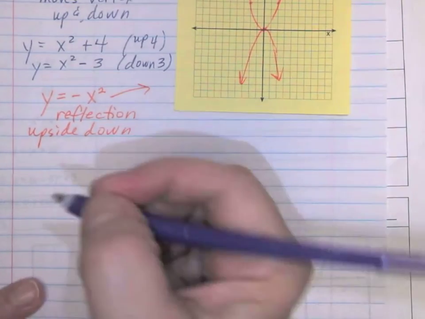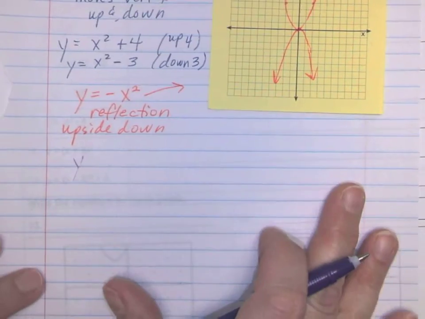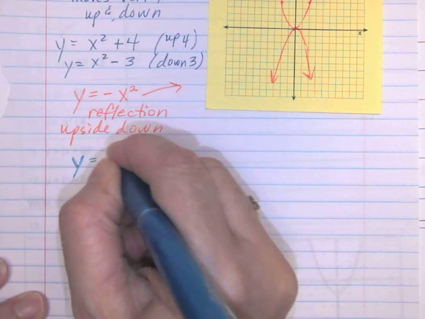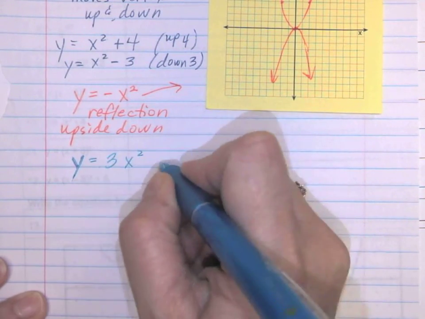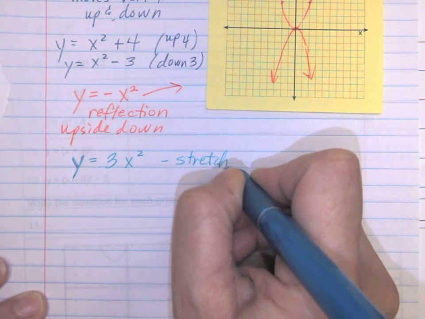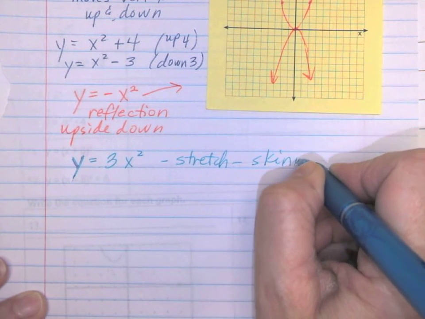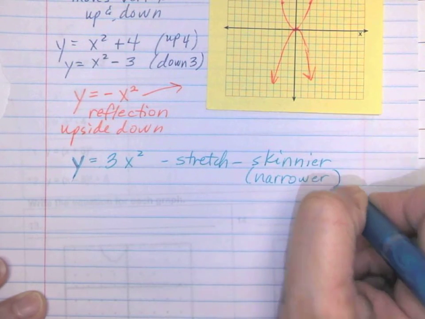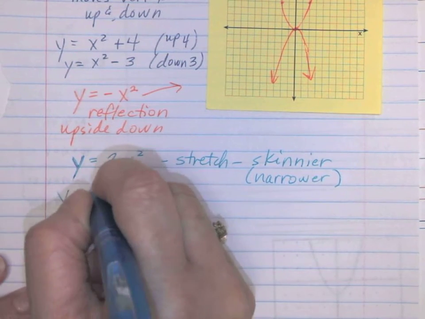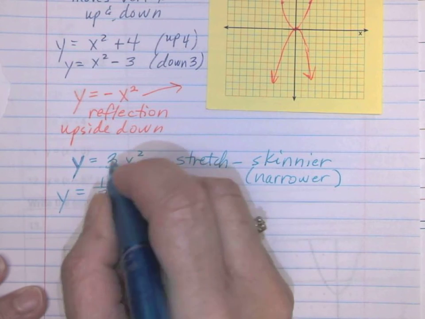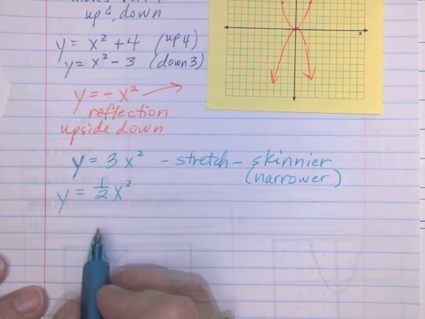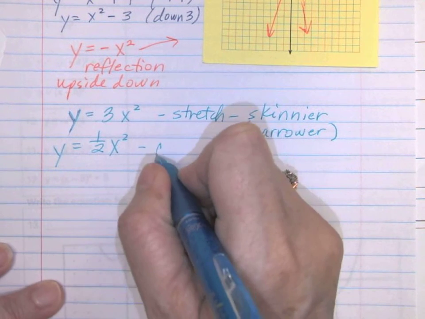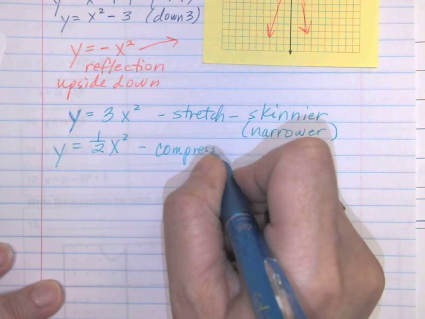Let's see, what else did we do? We did changes in the width. When you put a bigger number in front of this, that's called a stretch. It makes it skinnier or narrower, whatever word you want to use. And when you do a fraction between 0 and 1, this is what's called a compression.